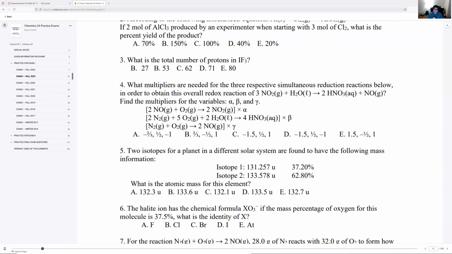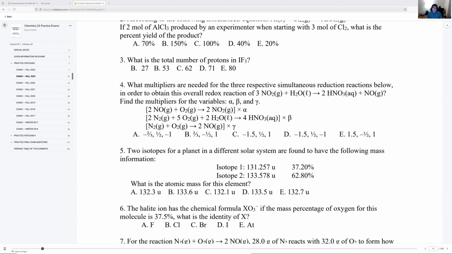That's all it is. So the way you do this, I think the easiest way, is look at the products and the reactants and see what you need on each side. So things that we need on the reactant side are NO2 and H2O.